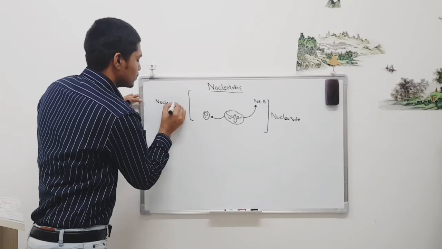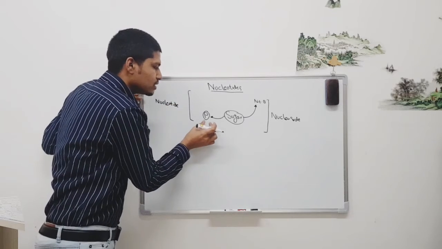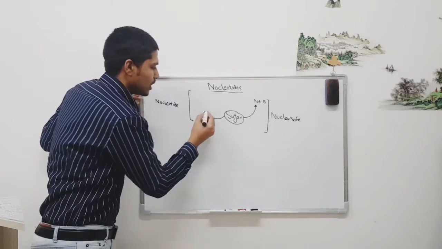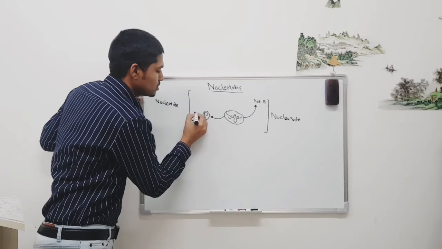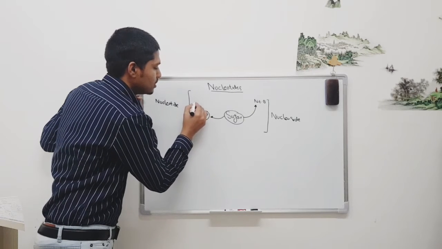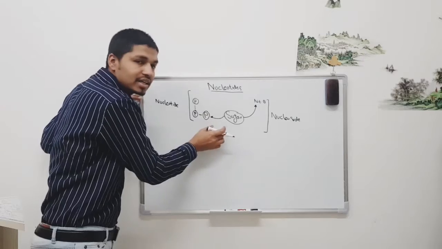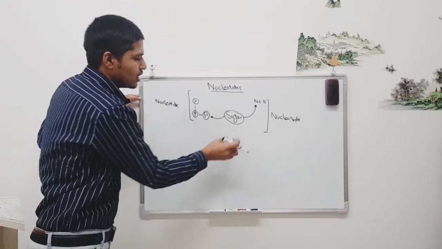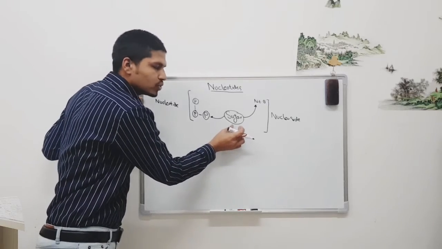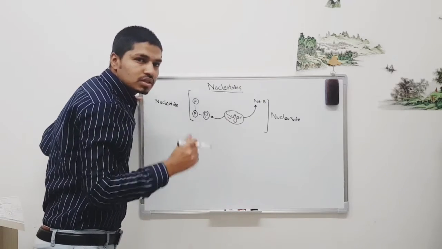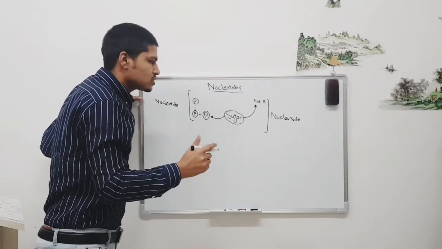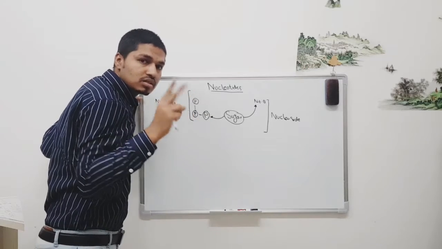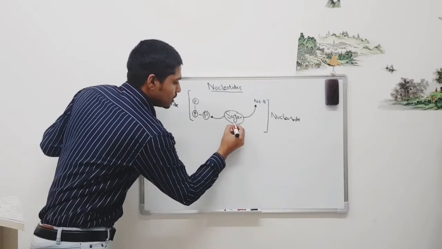Here the phosphate group could be one molecule of phosphate, or two, or three molecules of phosphates can attach to the sugar molecule. So that's not so difficult. There are a lot of sugar molecules that exist, but for our course, we only have to be concerned about two sugar molecules.